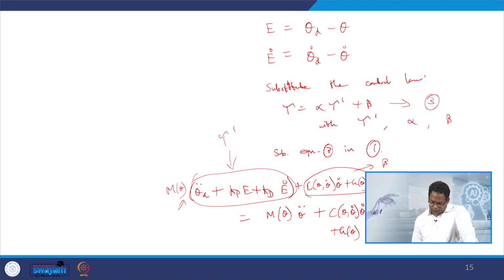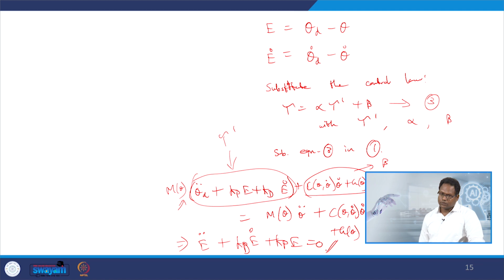So this equation turns out to be e double dot plus Kd e dot plus Kp e equal to 0. That means we finally come out with a second order error dynamic equation upon substituting the chosen control law back into the system dynamics. Thus, the closed loop system dynamics becomes a second order error dynamic equation which is stable and linear.